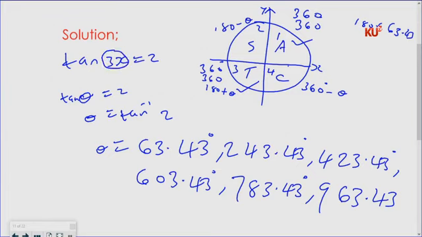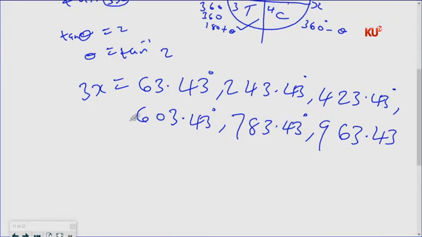Remember, this is the point where you need to factor out your 3x. We had avoided this 3x and we said let theta be equal to 3x. So you can now do away with this and say 3x is equal to all these values. So we need to get the values of x. How do you get the value of x, learner? You can have this 3x is equal to, take the first angle, which is 63.43.